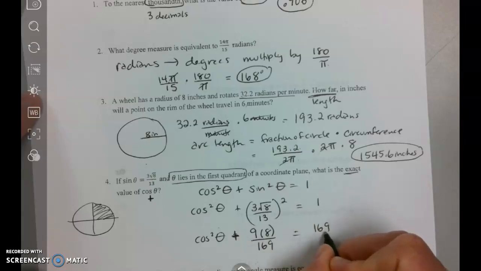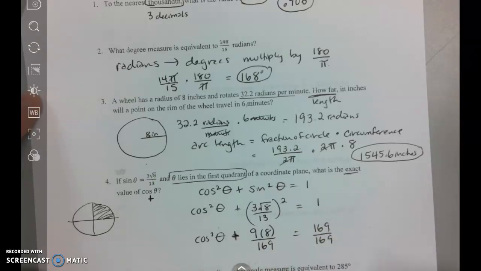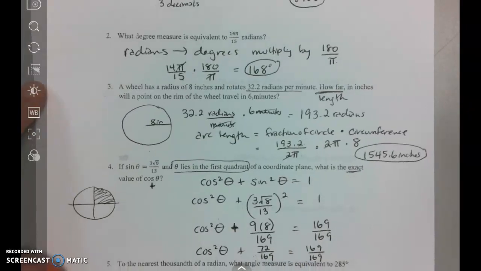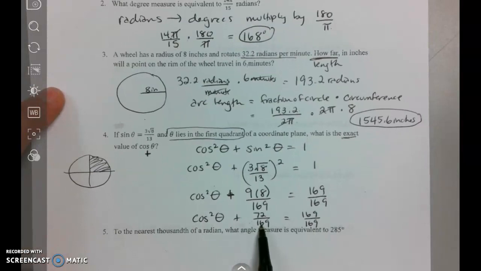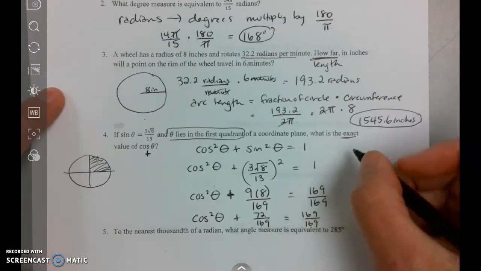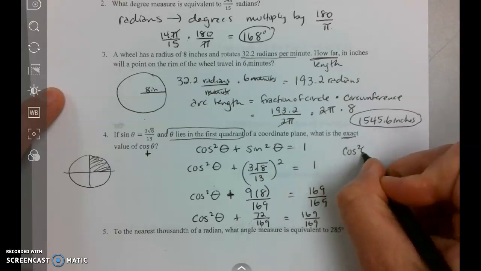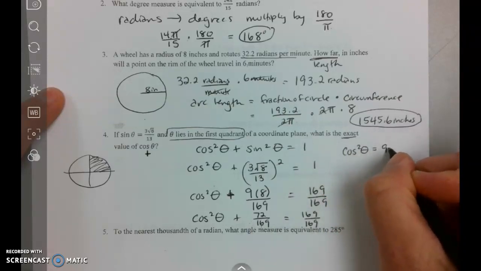It's going to be 169 over 169. So I've got cosine squared of theta plus 72 over 169 equals 169 over 169. So I'm going to go ahead and subtract the 72 over 169 from both sides, which gives me the cosine squared of theta equals 97 over 169.